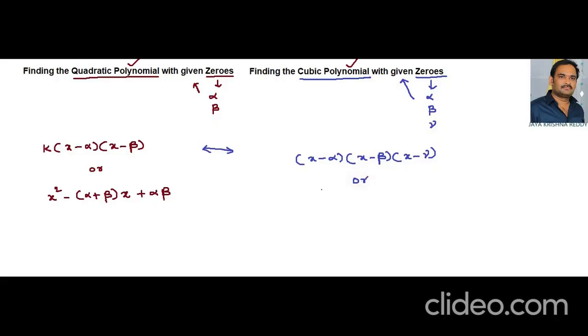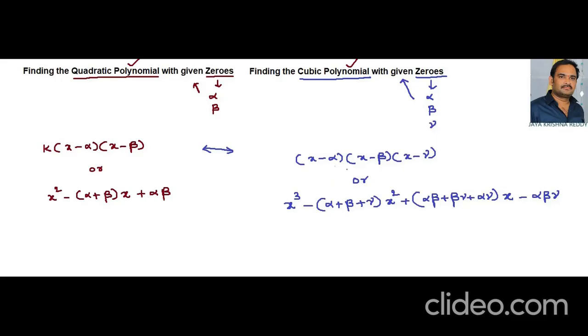Or here we can use another formula also, that is x to the power of 3 minus (alpha plus beta plus gamma) into x square plus (alpha beta plus beta gamma plus alpha gamma) into x, and minus of alpha beta gamma. This is the formula. From these two, any one we can use to find the cubic polynomial.